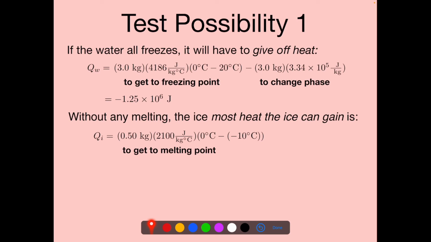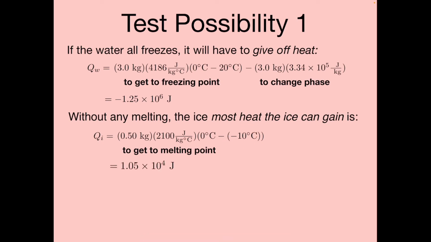The specific heat of solid ice is 2100 joules per kilogram per degree Celsius. And the most we can increase the temperature of the ice by is up to 0 degrees Celsius, because if we go past that, then it's going to start melting. So we can just get right up to the melting point, and that's as far as we can go. So the final temperature is 0 degrees Celsius minus the initial for the ice, which is negative 10 degrees Celsius. If you crunch those numbers, it only comes out to 1.05 times 10 to the 4 joules.